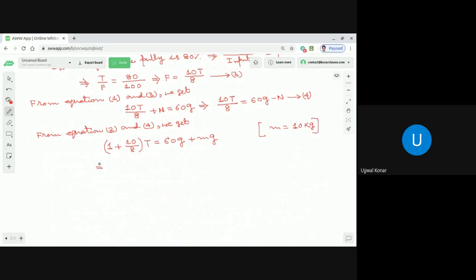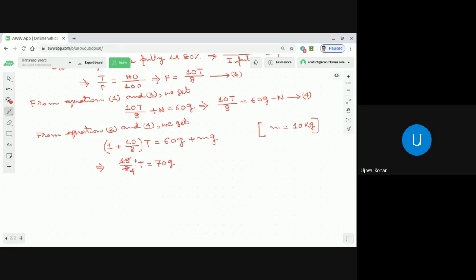So from here, what we get? 1 plus 10 by 8 into T, that is 18 by 8 into T, is equal to 70 into g. So from here, 18 by 8 we can make it 9 by 4.